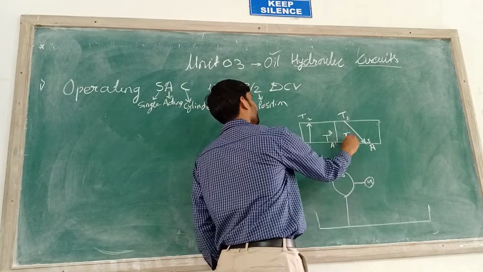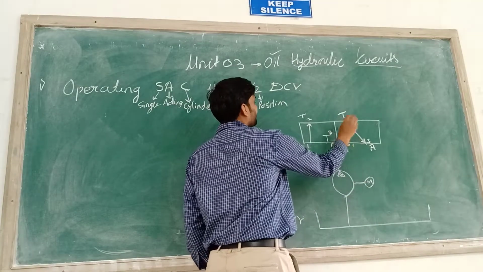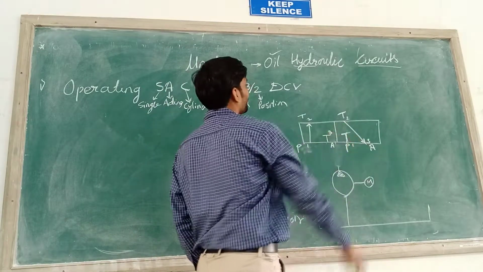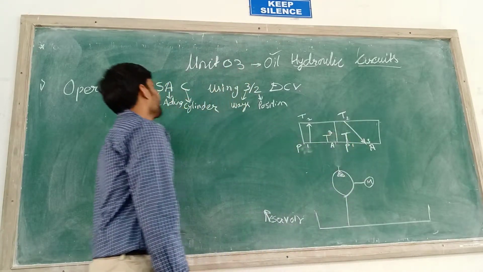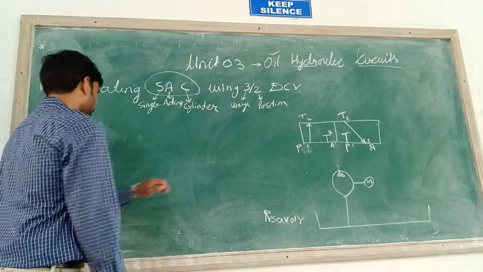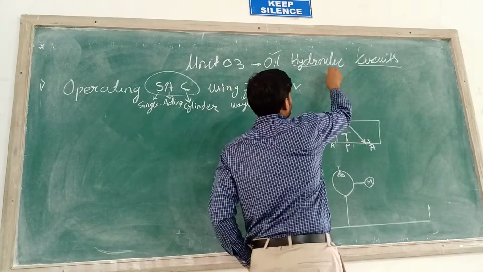Here we are making this line shunt or cut. So these are the 2 positions of this 3 by 2 direction control valve. Then we are going to operate this single acting cylinder here.